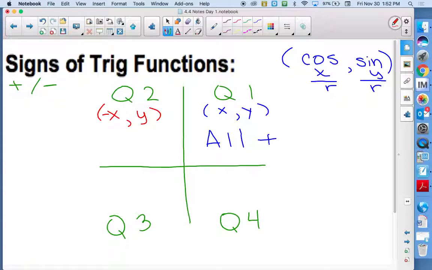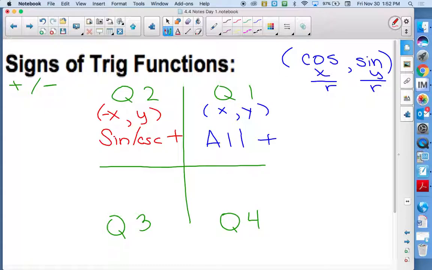No, sine. Sine. So sine is y. Here's the y. That means the sine and its buddy, the cosecant, are positive functions. Everything else would be negative. So cosine is negative because it has an x. Tangent is negative because it's y over x. Cosecant would be positive because its buddy is the sine.